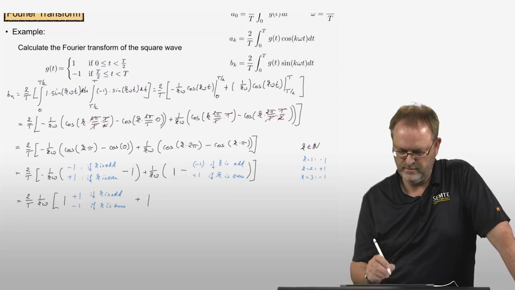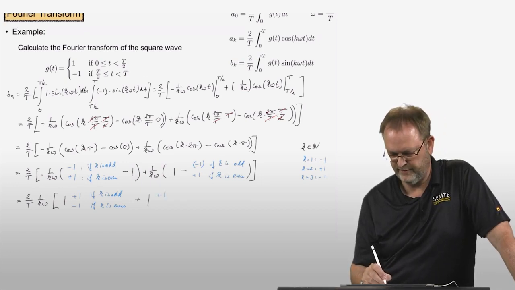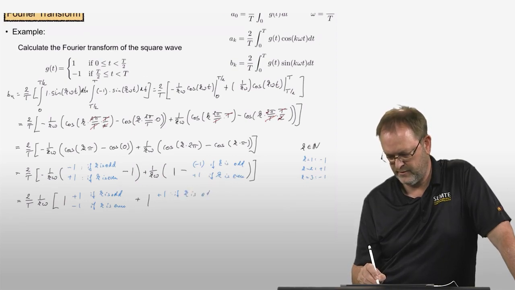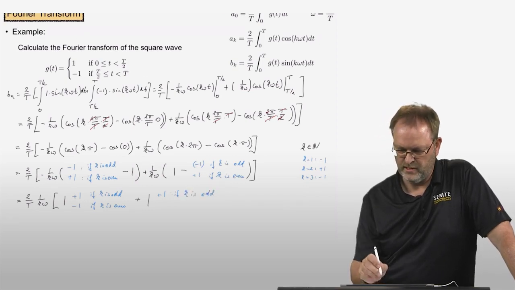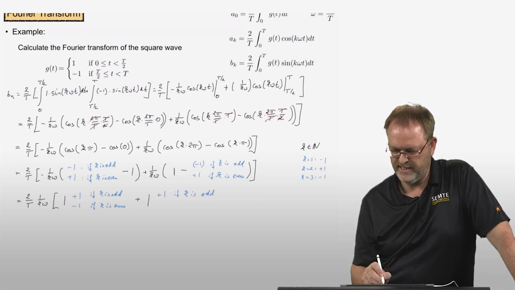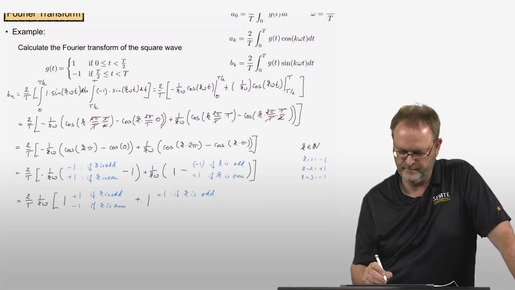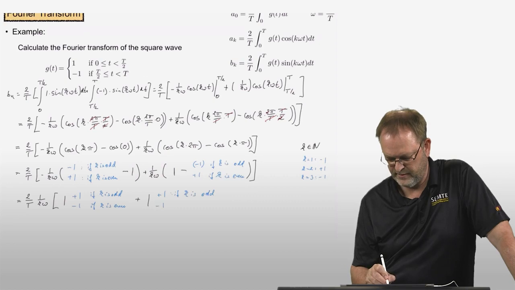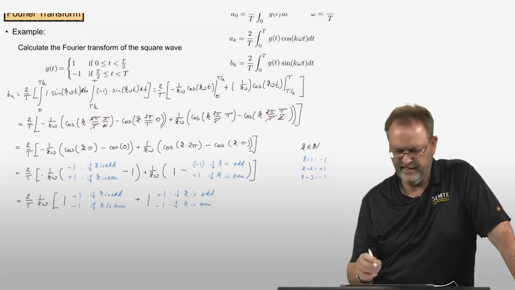So 1 plus 1 if k is odd, and minus plus 1, that's minus 1 if k is even.